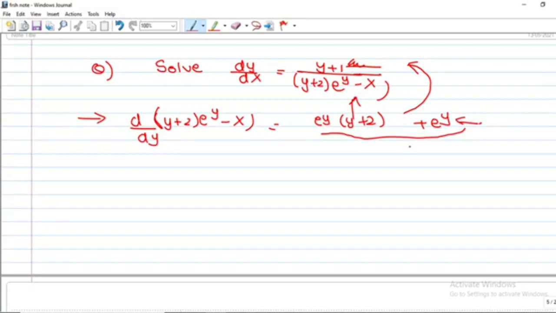So in this case we break the rule which we said earlier, that whenever a question is given, we are allowed just to shift the dx and dy. But here, since the differentiation is entirely different, we are allowed to shift this denominator.